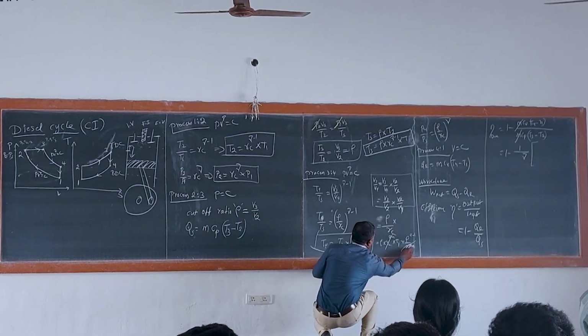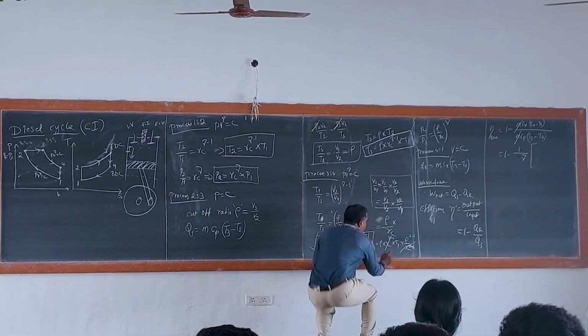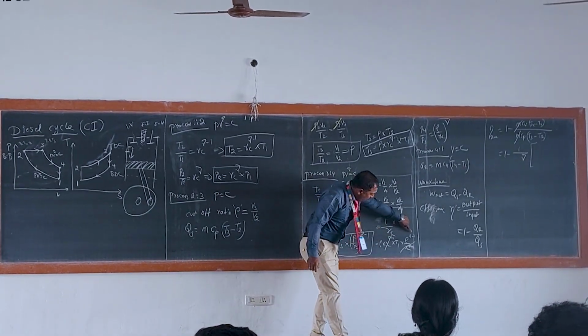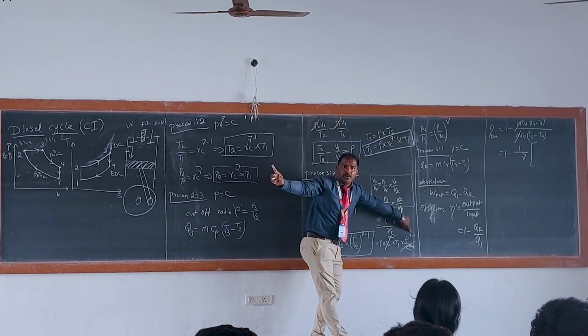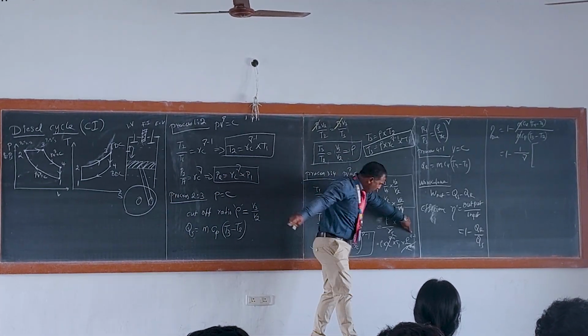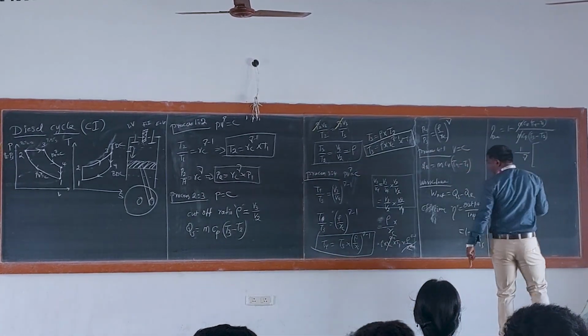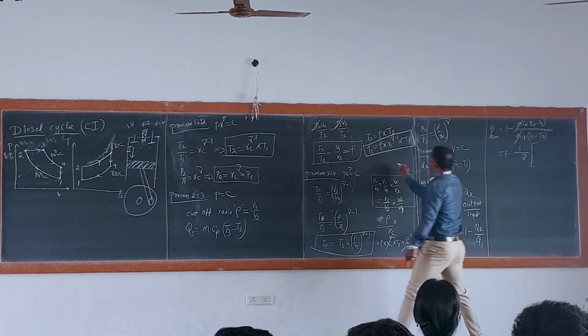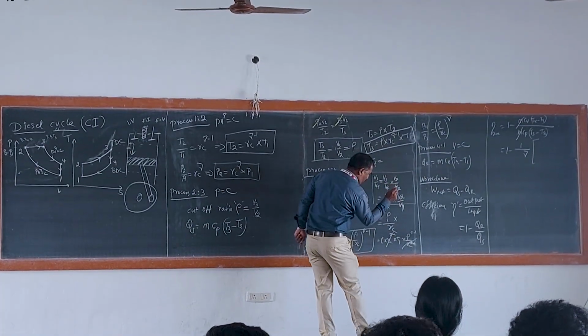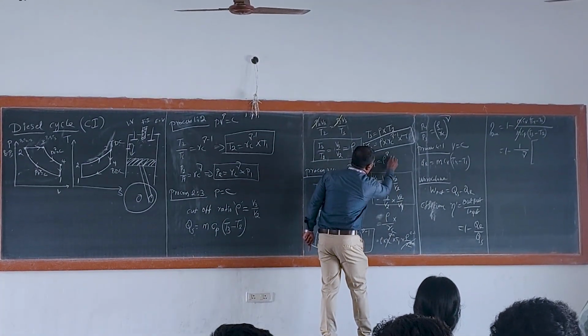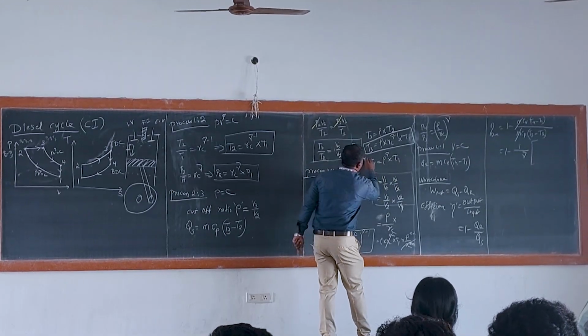This one will get cancelled. Here rho power 1 and rho power minus 1, so the minus 1 will get cancelled. Only rho will be there, only gamma will be there. Which means T4 is equal to rho power gamma into T1.